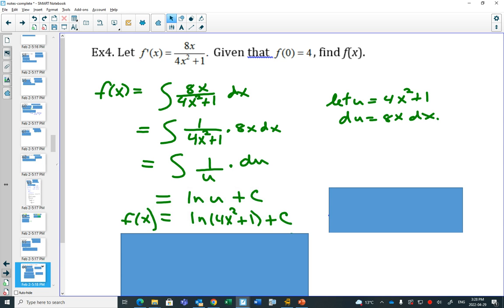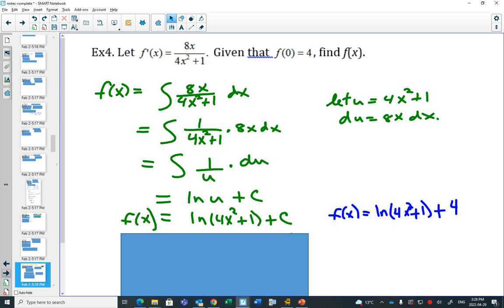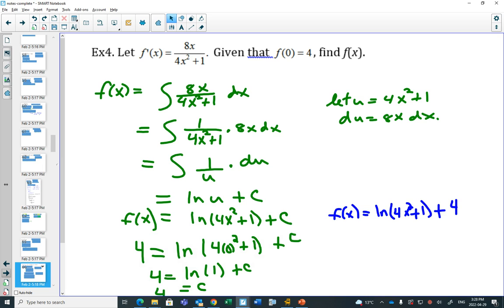So then, substituting back, we now know that doing the integral would get us f of x, and now we know that f of x is the natural log of 4x squared plus 1 plus c. And we're told that when x is 0, y is equal to 4, so you can plug in 0. And here you have to remember what the natural log of 1 is.